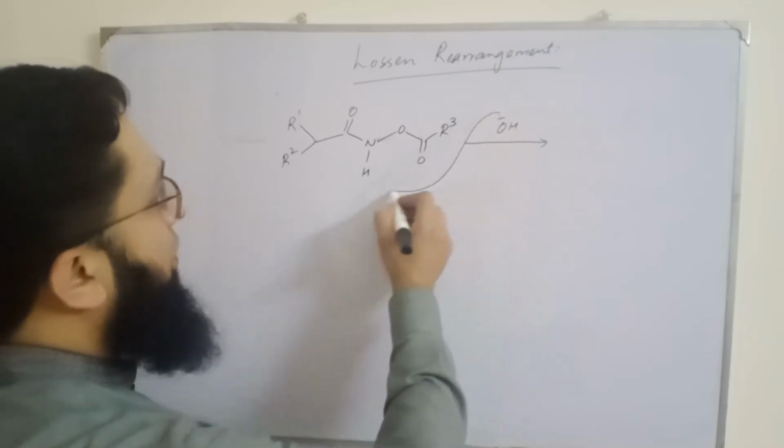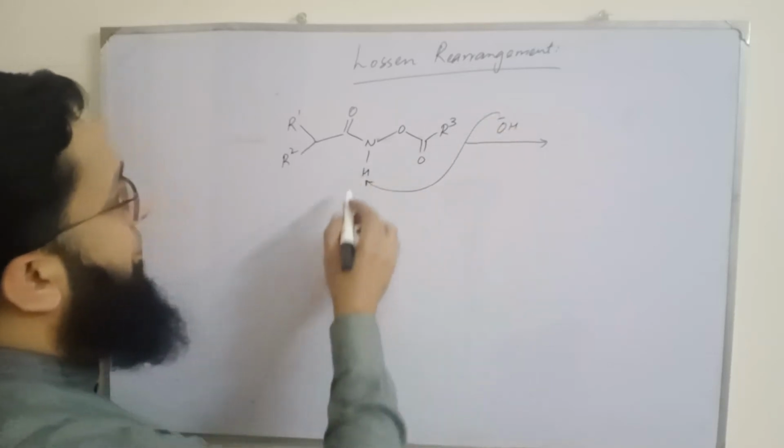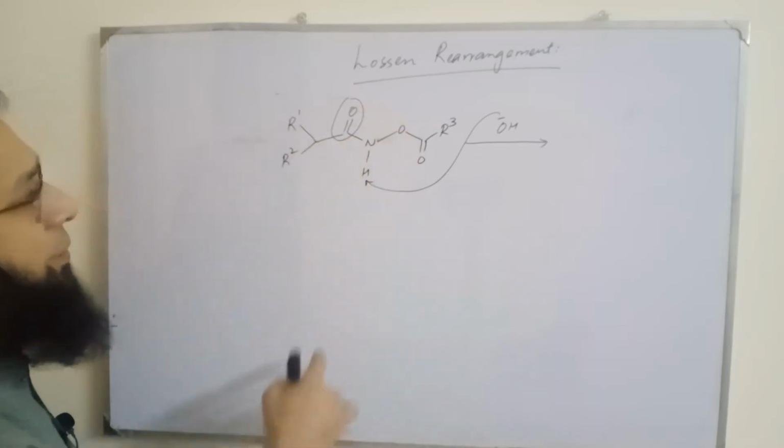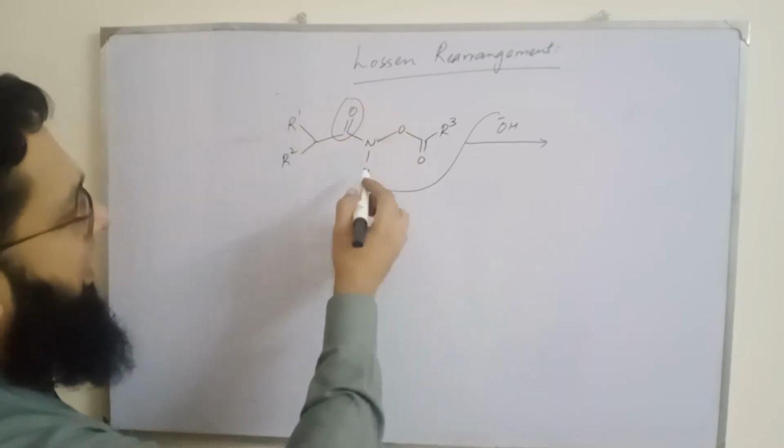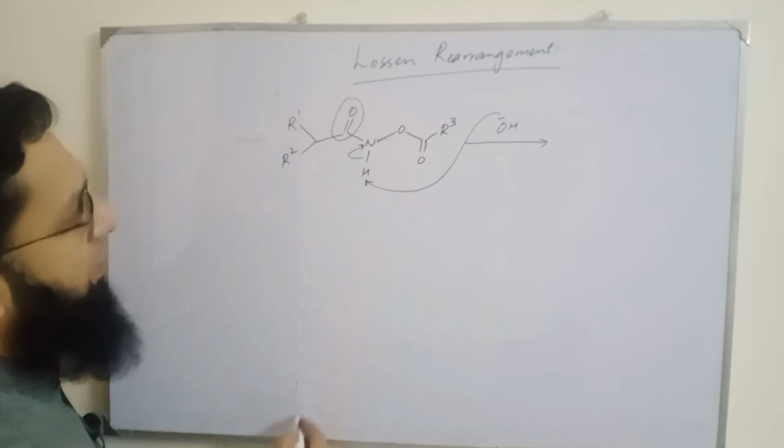So a proton would be abstracted from here because the presence of this group makes the hydrogen acidic, and this is removed, so we will get this one.